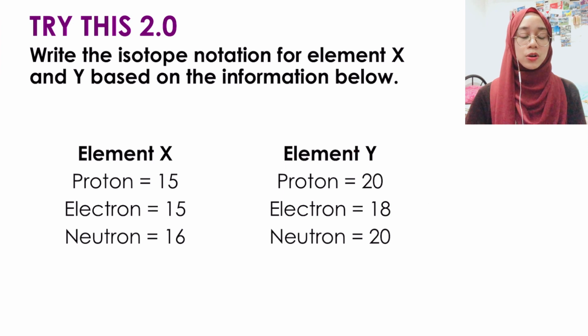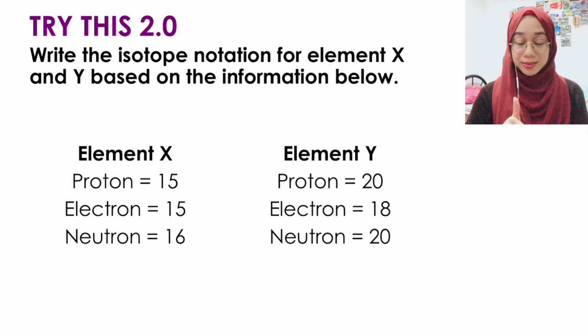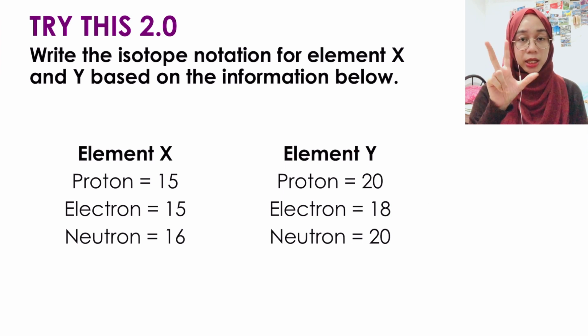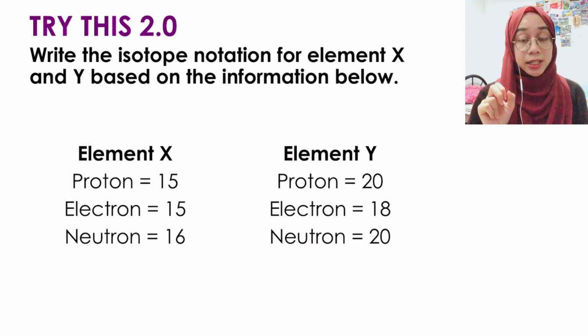Okay, so by now you should be able to know apa yang ada dalam subatomic particles. Okay, ada 3 benda. And then kita dah belajar juga pasal isotope, nucleon number and also proton number. Okay, so ketiga-tiga ni penting untuk tahu definition dia.